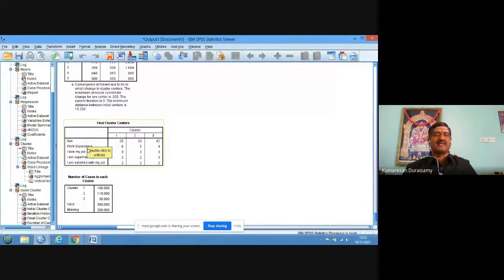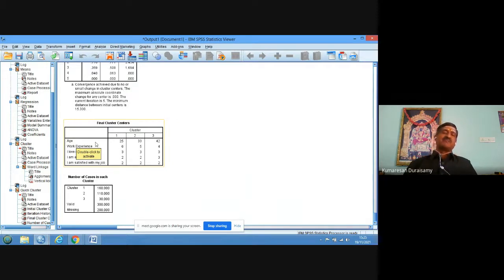Age and work experience. Why? Because these are scale data. Look at the cluster 1. It is 25. Cluster 2, 33. Cluster 3, 42. It means the sample respondents are divided into 3 clusters. The average age of the employees in the first cluster is 25.